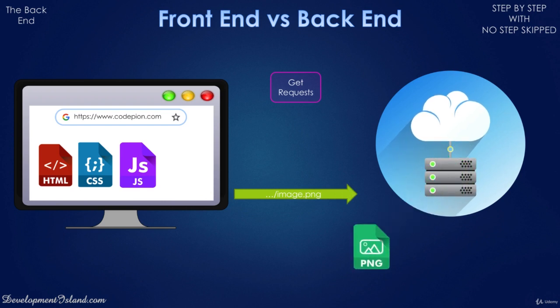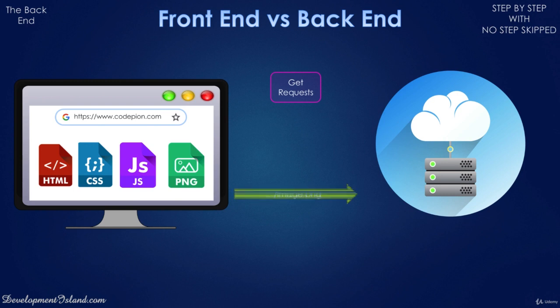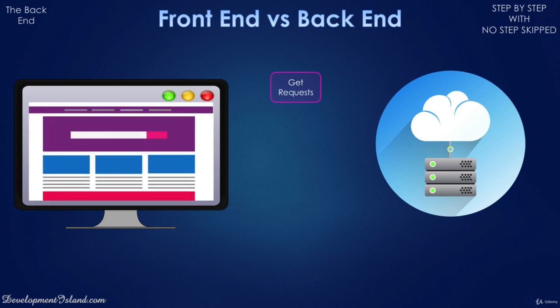So all these files are going to be served as static content from the server. Then your browser is going to combine those files and display the web page for you. So this is how it works for static content.